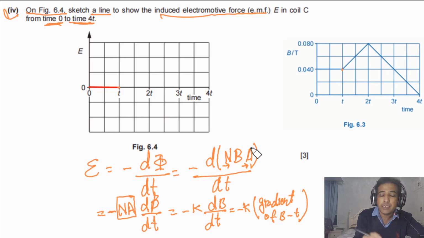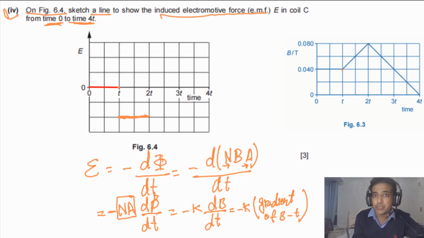It means EMF has to be negative. We don't have the exact value, and the scale is not given to us, so simply we can draw the line here.